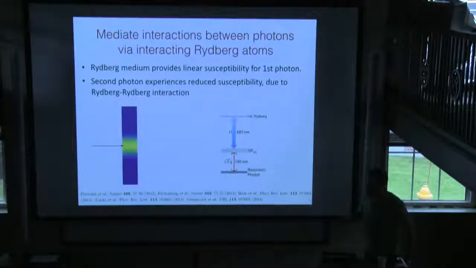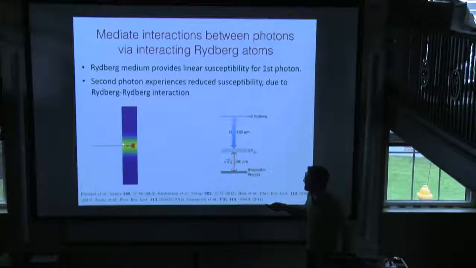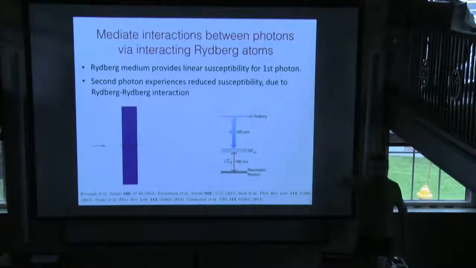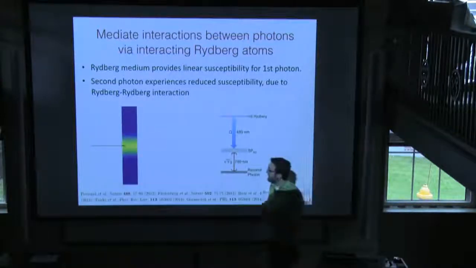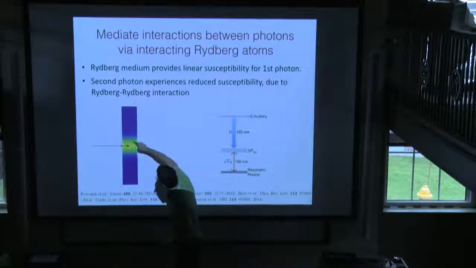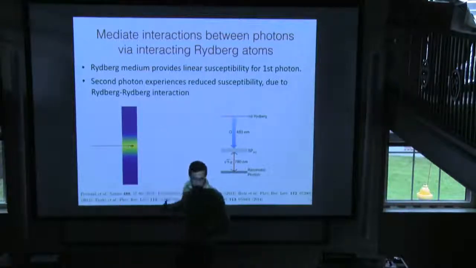Yeah? So the game here is to create a situation where when the first photon goes into the medium, it excites an electron up to, say, a very highly excited state. In our case, we're going to go to n equals 100. Okay? And what that will do is basically create an electronic orbital in here, which is in the neighborhood of a wavelength across.